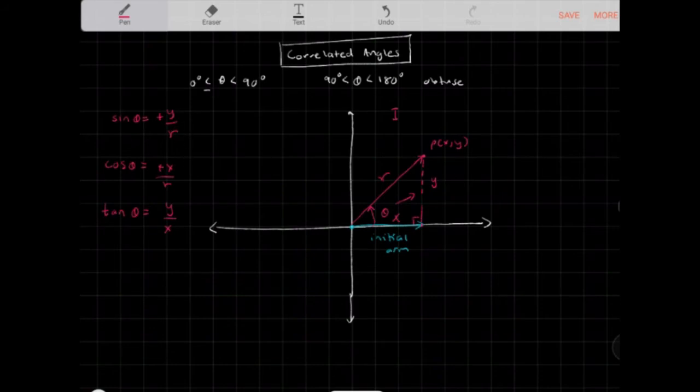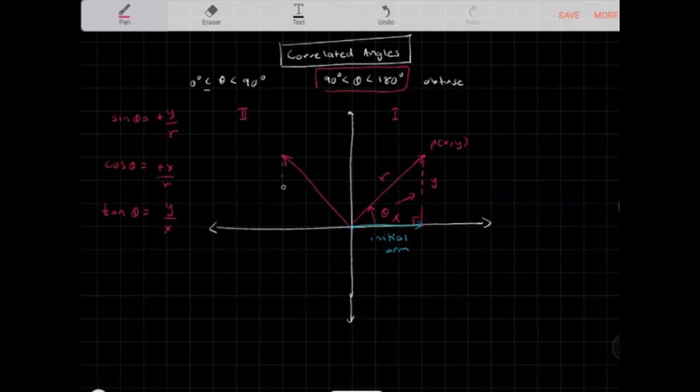Now, if we wanted to look at an angle in the second quadrant, and this is basically what an obtuse angle is, this is going to be found in the second quadrant. Let's say that we took the same terminal arm and positioned it in the second quadrant. Let's say it's here.